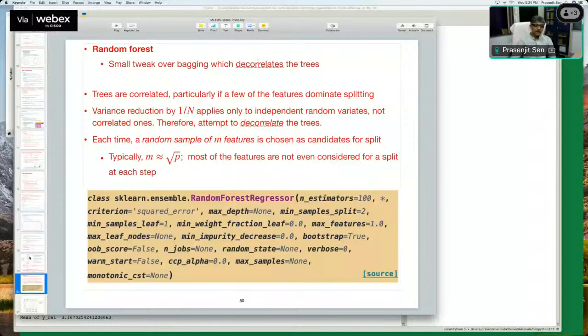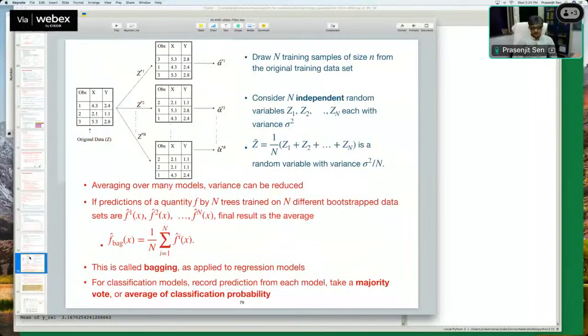What you do in the bagging model is you create a large number of trees. Okay, but it turns out that these trees are not uncorrelated, so they are not completely independent. One reason is that suppose one or two or a few of the features dominate how the splitting goes.